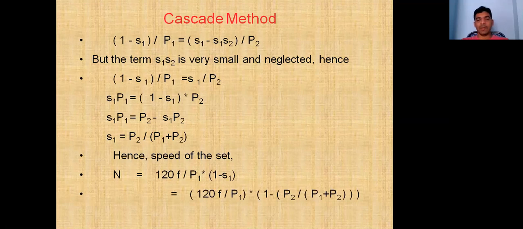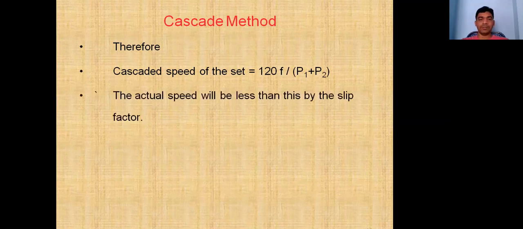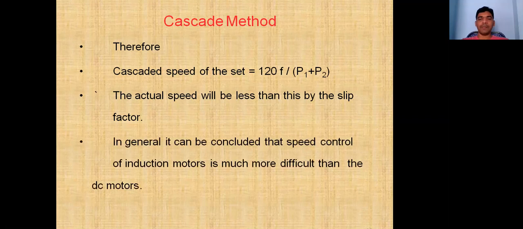120 F by P1 into (1 minus S1), where S1 is P2 by (P1 plus P2), that is equal to 120 F by (P1 plus P2). Therefore, the cascaded speed of the set is 120 F by (P1 plus P2). The actual speed will be less than this by the slip factor.